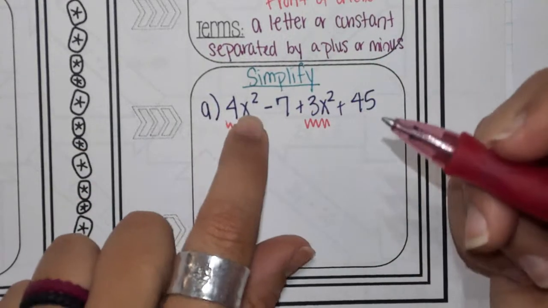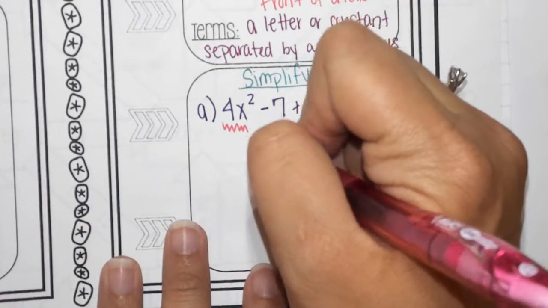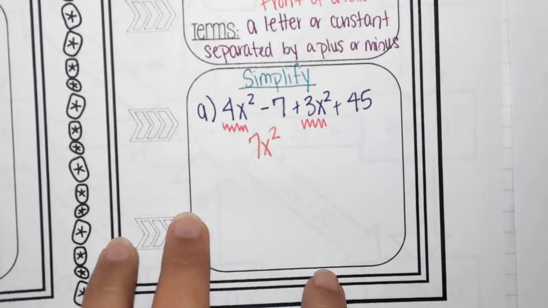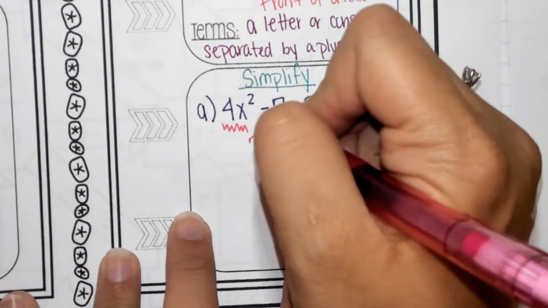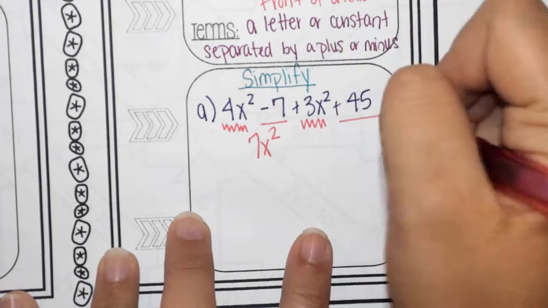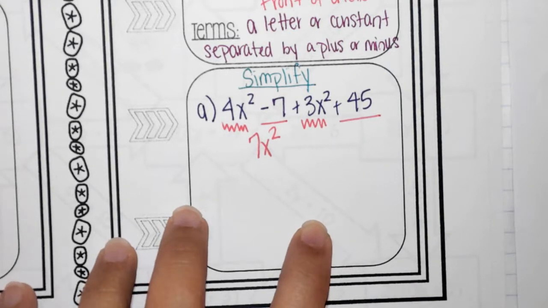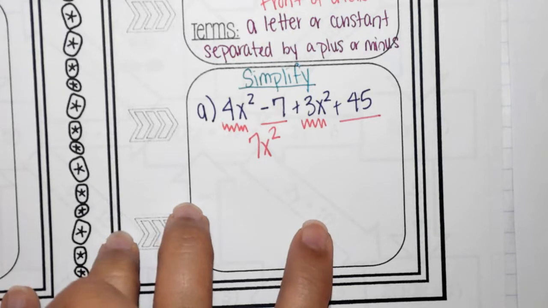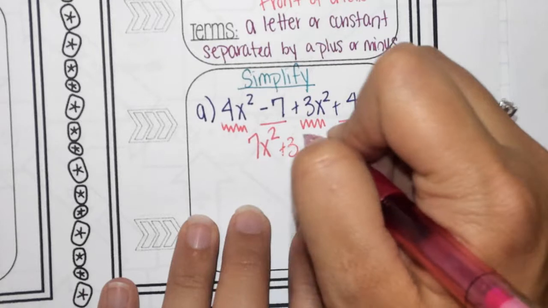So what is 4x squared plus 3x squared? 7x squared. Do we have 2 other like terms? Negative 7 plus 45. And what's negative 7 plus 45? Are you sure? 38. I like how you explained it to me.